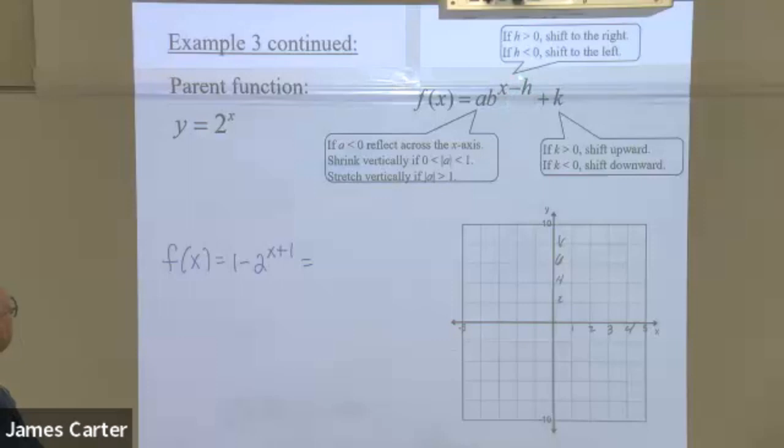This business right here shifts left or right, opposite of sign. That shifts up or down. This multiplies it, makes it steeper, makes it shallower. Or if it's a negative, then it flips it. And that's what that stuff is saying.